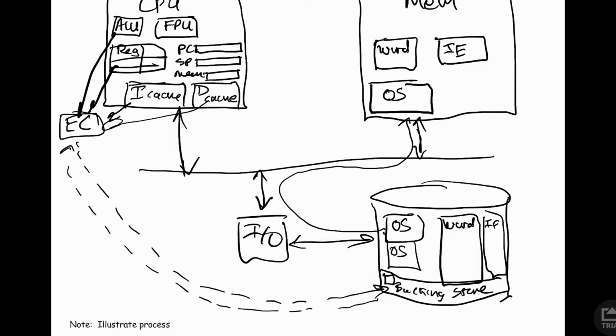So the execution context is squirreled away, stored in the backing store. And then the CPU takes Microsoft Word, a piece of it, and loads it across into the instruction cache. So that piece of Word, I'll call that W, is in the instruction cache, and now it starts to read out instructions from that piece of Microsoft Word.